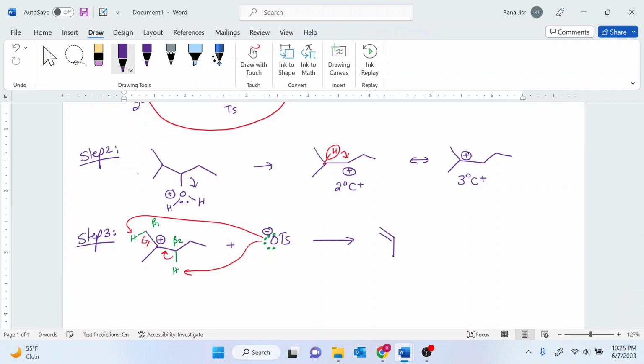So the first one is going to be the terminal alkene, and the second one is going to be an internal alkene. Here you go. So this is going to be my minor product, and this is going to be my major product. This is going to be the Zaitsev, and it is tri-substituted versus a di-substituted product.